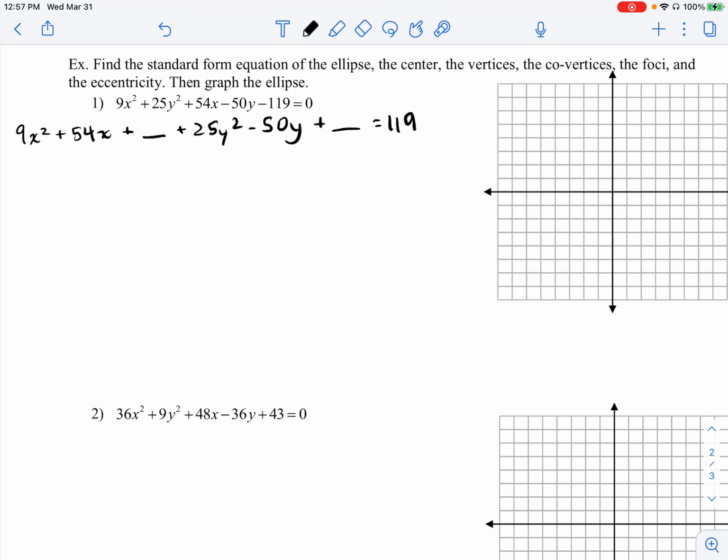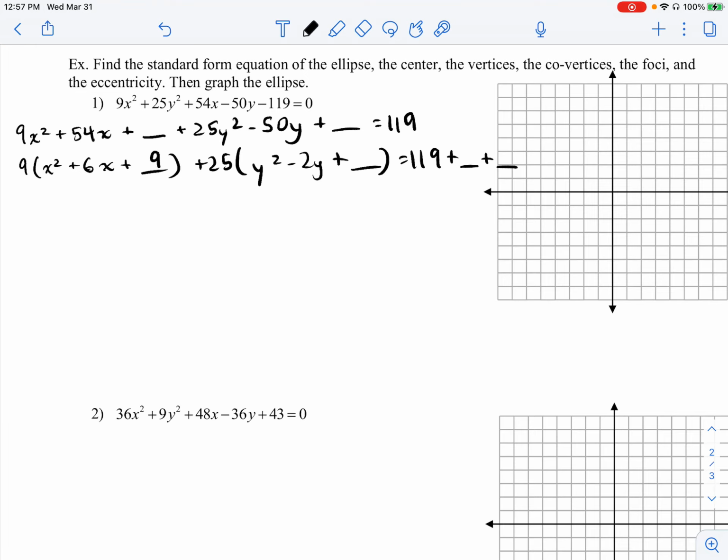Now, I always like to factor out my leading coefficient, so I'm going to do that. So I'm going to factor out that 9. So I've got x squared plus 6x plus some constant, plus 25, and factor that out, y squared minus 2y plus something. And let's leave some placeholders for what we're about to add, okay? So in order for me to complete the square inside this trinomial here, I'm going to need to find half of 6 and square that.